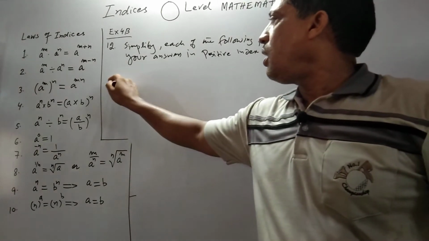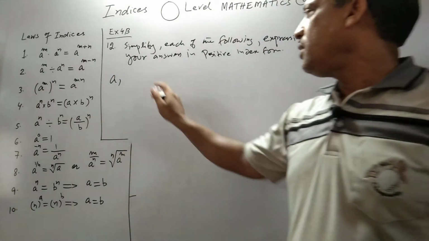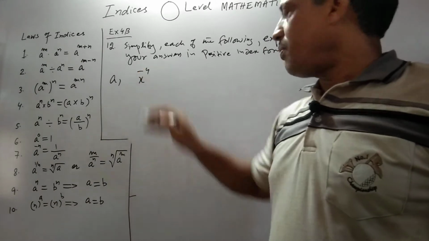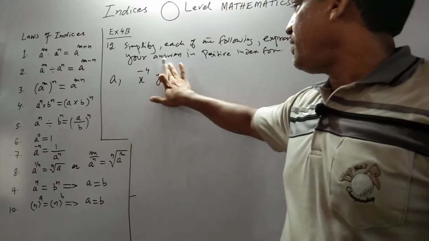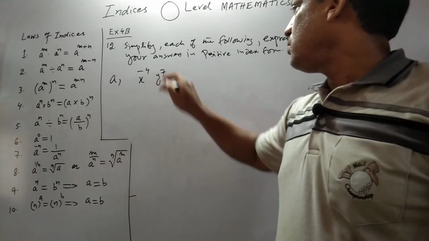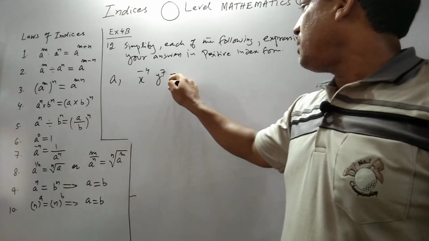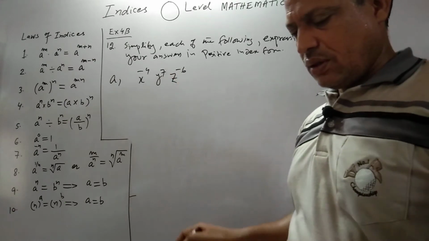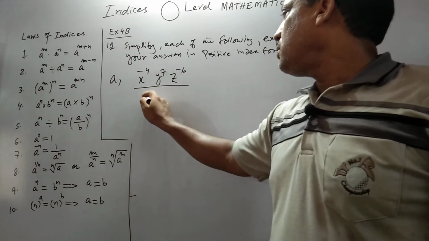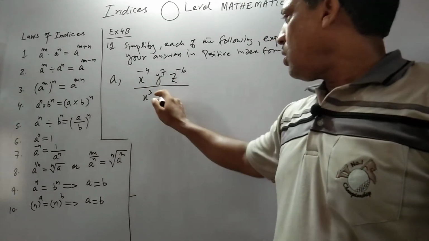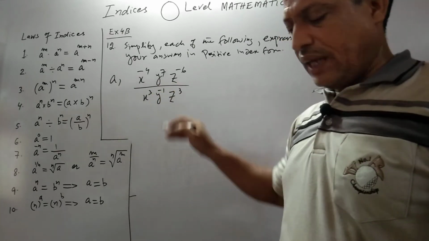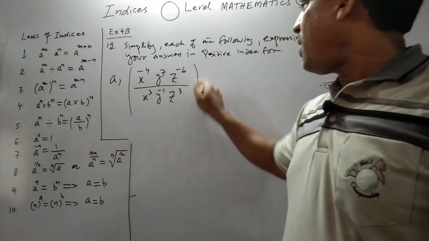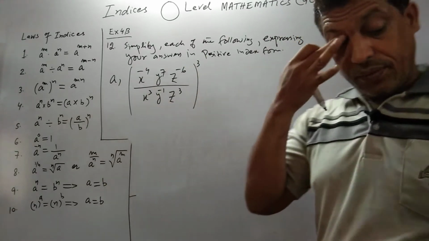First, I write part A, x to the power minus 4, y to the power 7, z to the power minus 6 upon x3, y minus 1, z3 whole power 3.